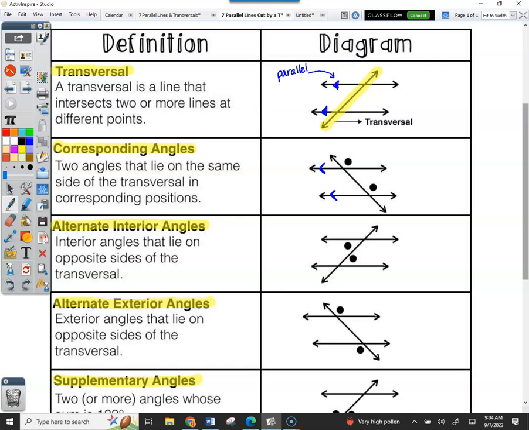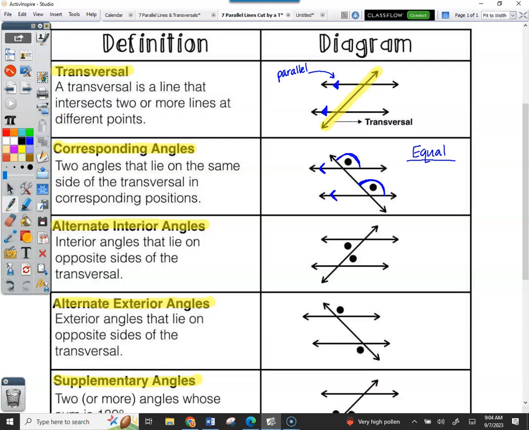Corresponding angles would be angles that lie in the same position and they are congruent to each other. That is the angle that you ended up finding just a few minutes ago with that video. Corresponding angles are equal. We're going to write right there, that's your equation. When I turn you loose with these polynomial expressions, you have to ask yourself, which equation is it? They're equal if they're corresponding.